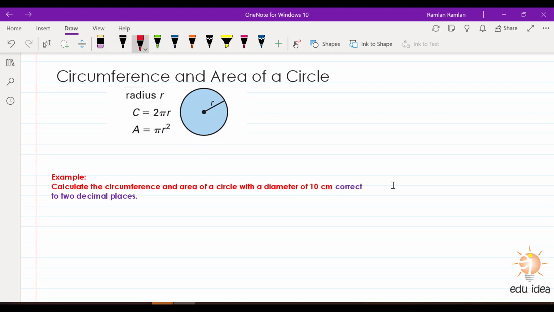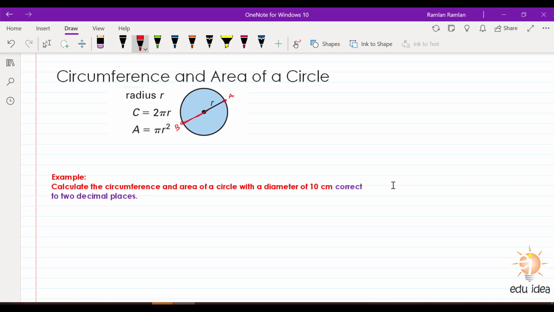Now, what is the connection between the radius and the diameter? Remember, guys, the diameter goes from one point on the circumference of the circle, for example point A, to point B. This A and B is just like a chord, but it passes through the center point.